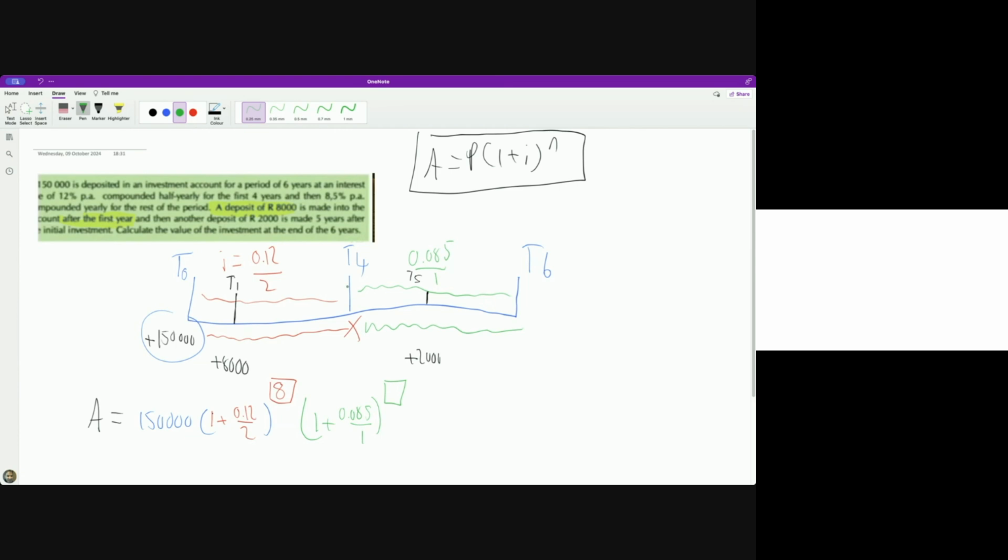How many years do I have left for the 150,000 to grow? I think that because it's 2 more years here, this has to be 2.